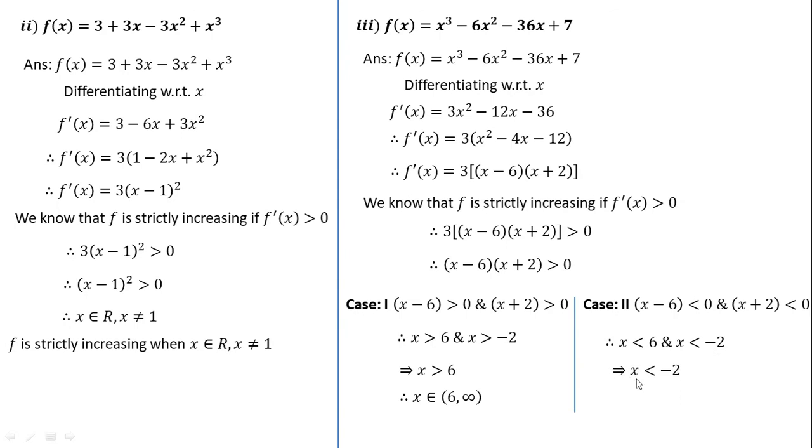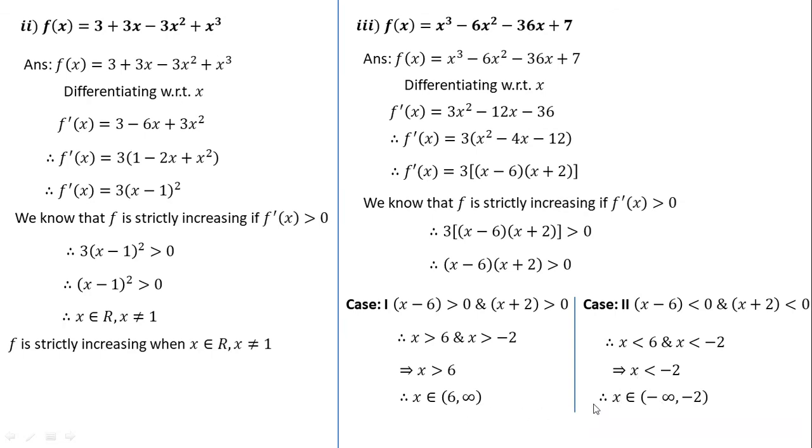Common between them is x less than minus 2, because all the numbers which are less than minus 2 are automatically less than 6 also. So commonly we get x less than minus 2. Now on the real line, x less than minus 2 means x belongs to minus infinity to minus 2, left hand side of minus 2. So we get the interval where the function is strictly increasing.